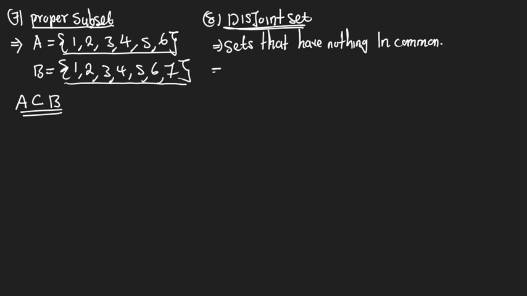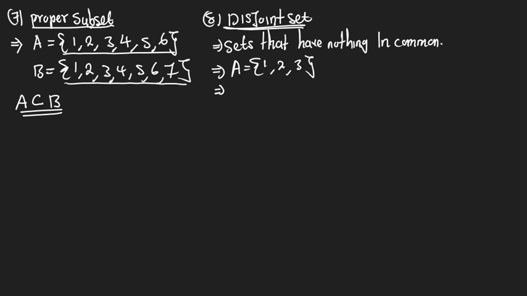So in this case, for this particular type of sets, let's say this is a set A. It contains 1, 2, 3.